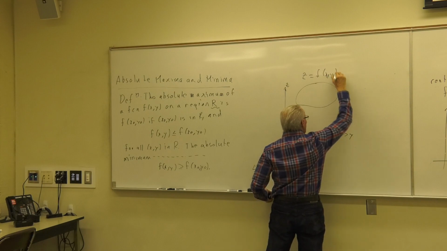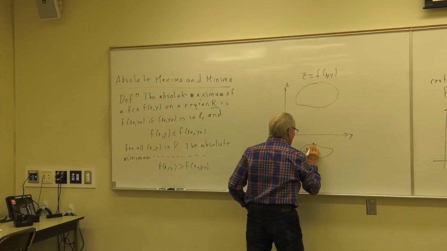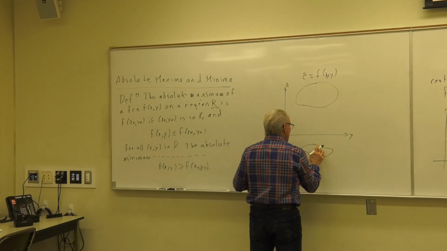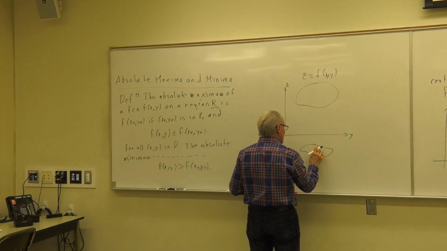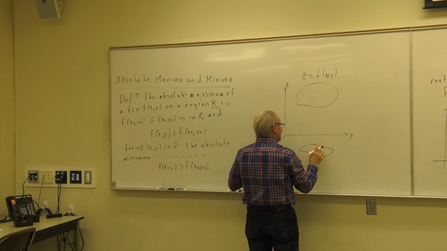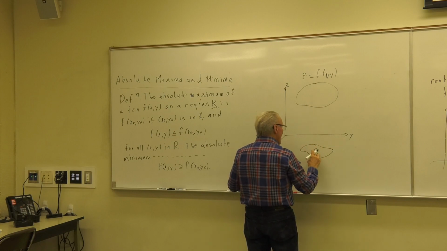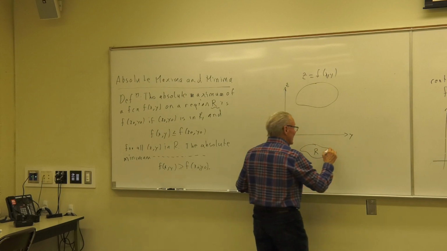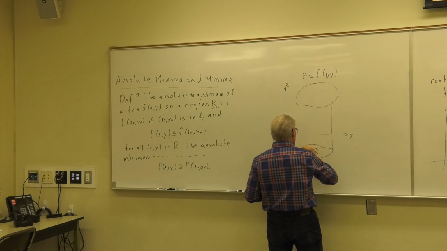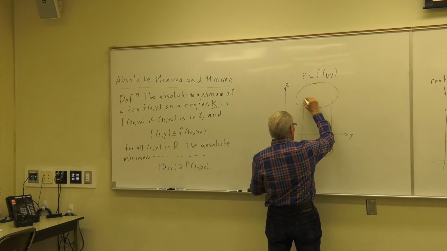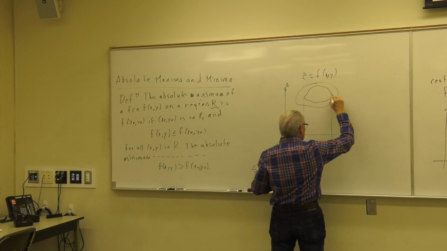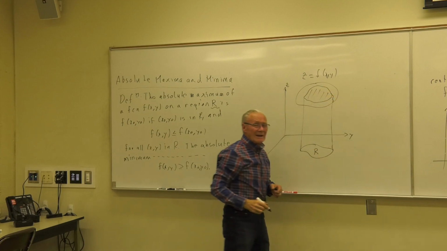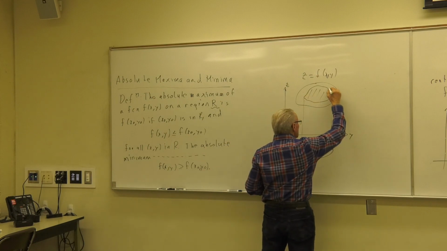And I must have a region down here that I'm talking about. So the question is, find me the maximum value of this function, taking into account all the points in this region. Basically, if I were to construct a cylinder on here, that cylinder would intersect that surface, and you'd be looking at all those points in there and on this curve.